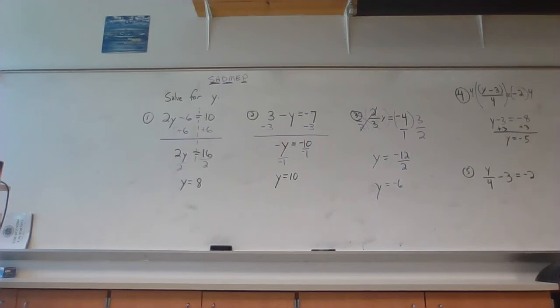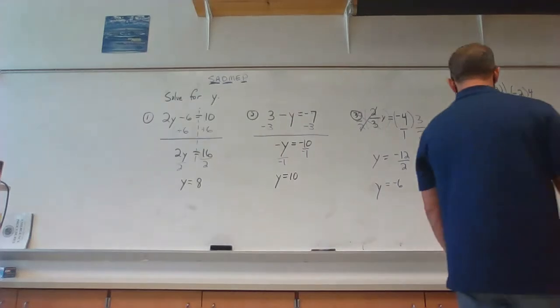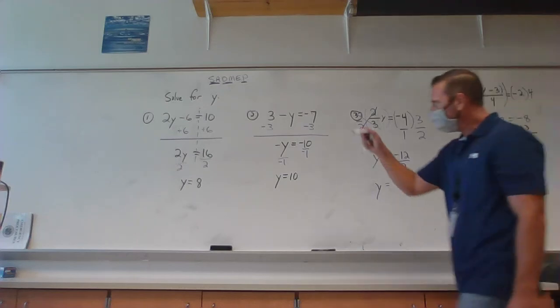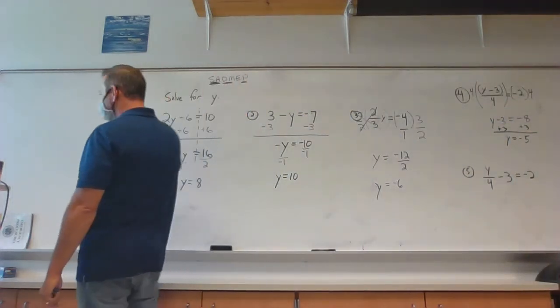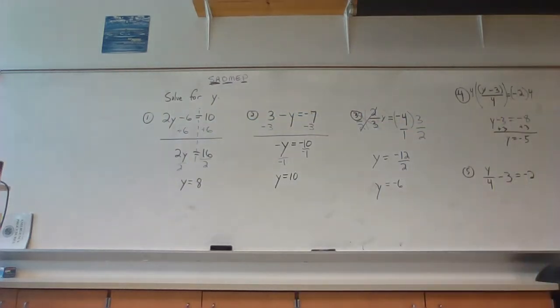All right. Now, number 5 is just like number 2. We've got a number and a variable together over there. We're subtracting 3. Can we add or subtract anything to the other side? Add 3.